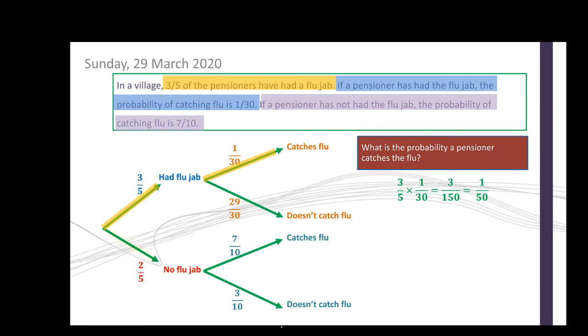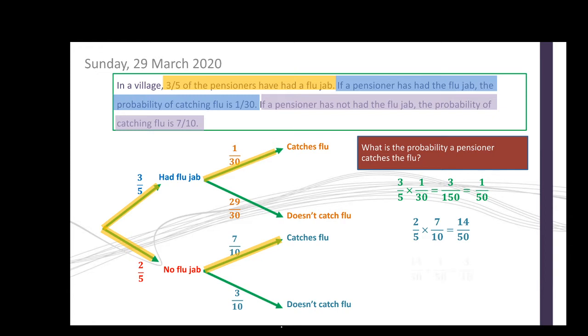And then we could have had no flu jab and caught the flu, which is 2/5 times 7/10, which is 14/50. You can see here, instead of building this one up to be over 150 by timesing it by 3, I just cancelled the other one to be over 50, just because it worked nicely. I knew what the numbers were going to be because I'd seen the 5 and the 10 was going to make 50, so I just did the work earlier.